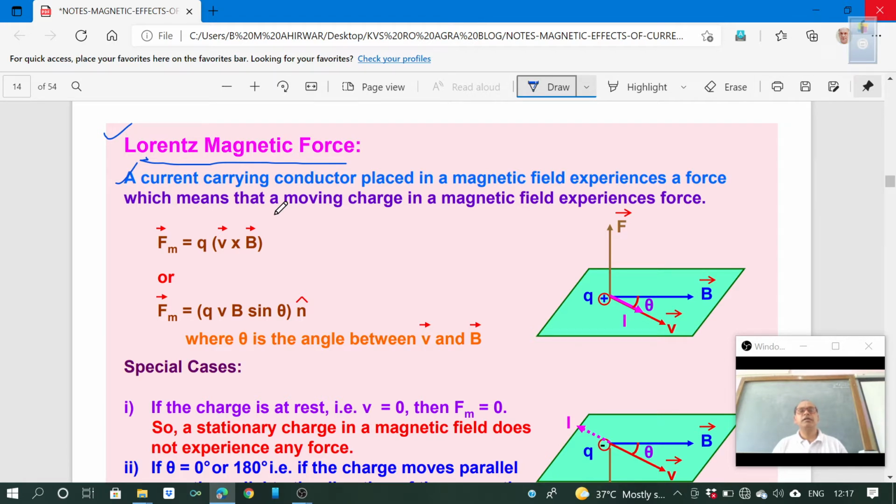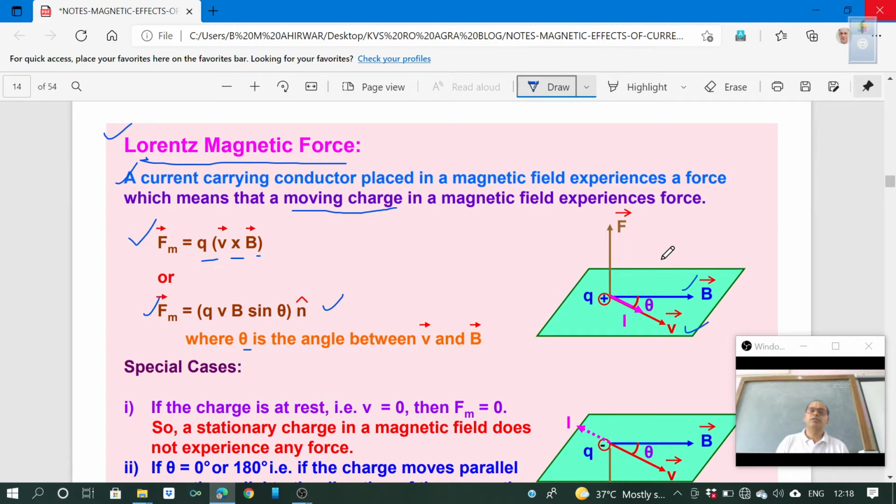If a current carrying conductor is placed in a uniform magnetic field, it experiences a force, which means a moving charge in the magnetic field experiences a force, and it is given by F_m equal to q v cross B in vector form, or you can write it in another form, q v B sin theta n cap, where theta is the angle between the velocity and the magnetic field.